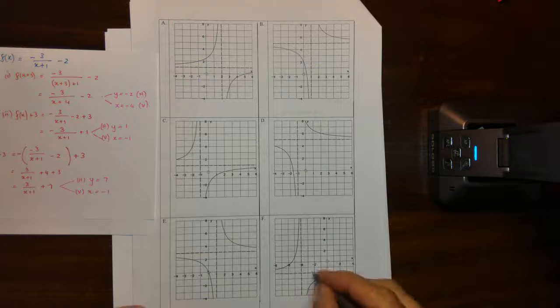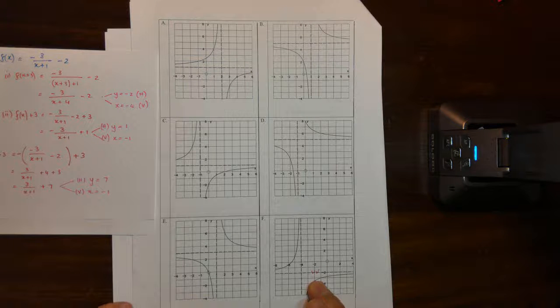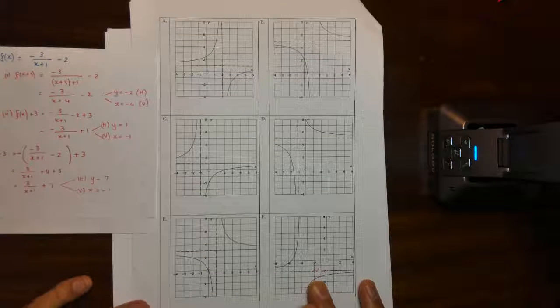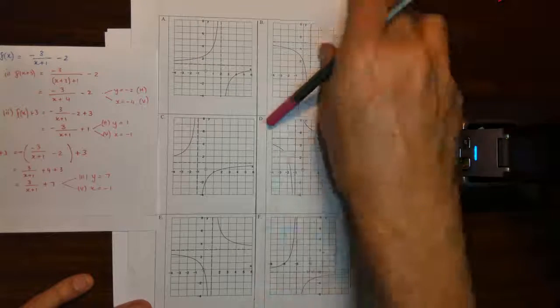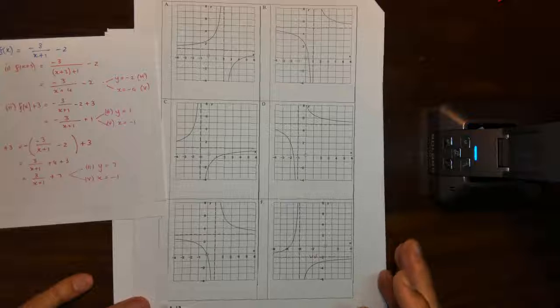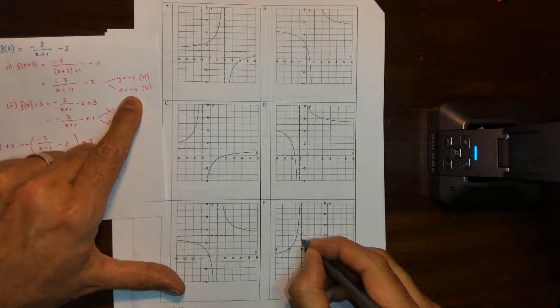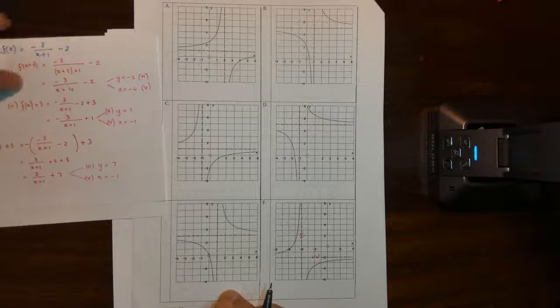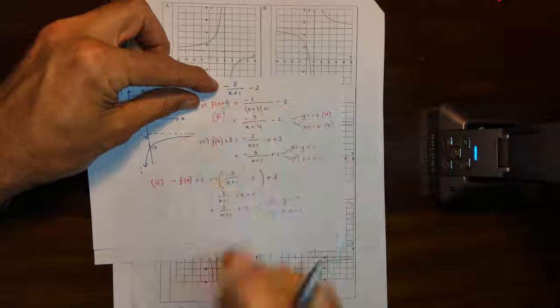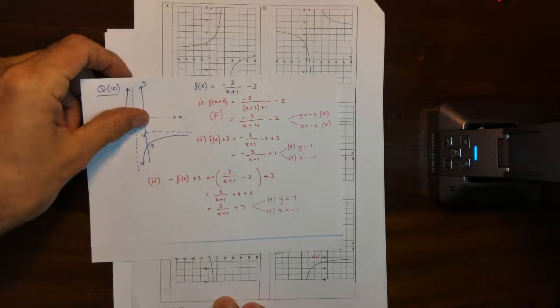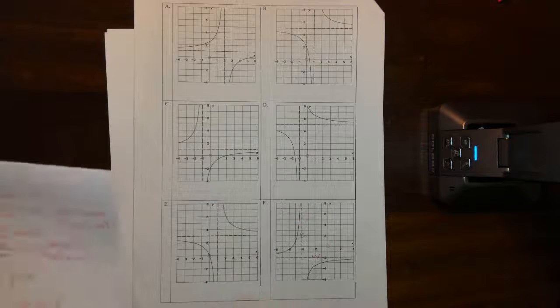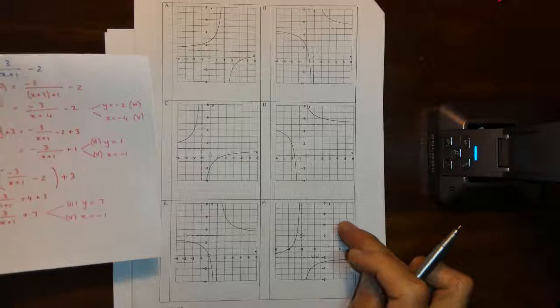There's one here at -2, and let's see where is its x asymptote. Its vertical asymptote should then be at -4, and indeed it is. So for the first one, I would have chosen option F as my graph. So I would have said it's represented by F. That takes care of that graph.